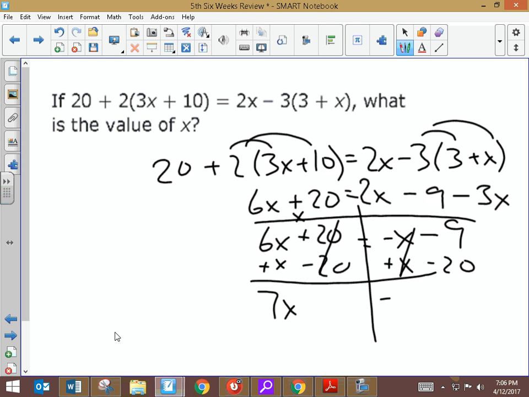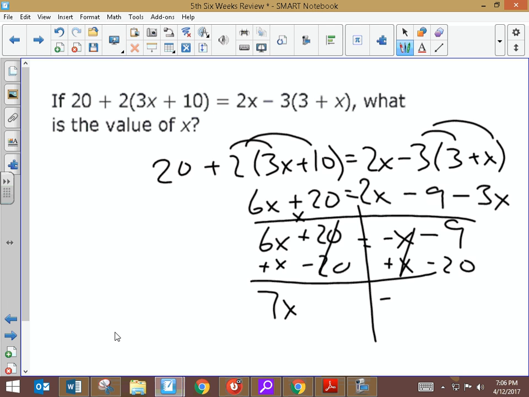Let's see, something weird is going on. It's supposed to be a negative 7 here. 6x. All right. 20. Bring that down. We did that. This is good. Make sure I wrote down everything.